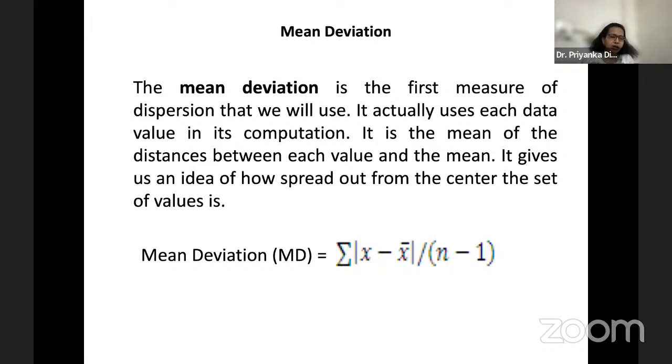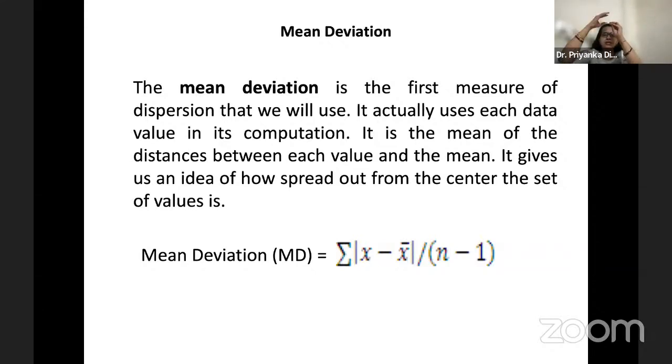I cannot give another explanation at present, as we have a shortage of time. So you can just assume we divide by n minus 1 so that we are in a better position to predict the population with the help of a sample.